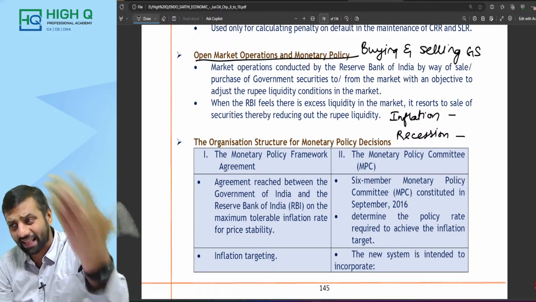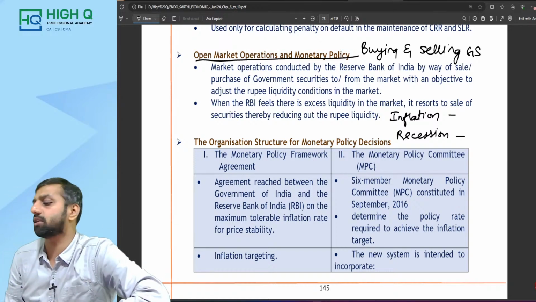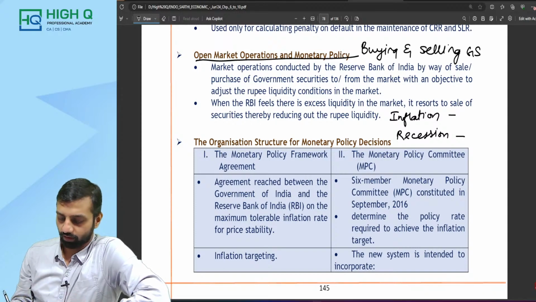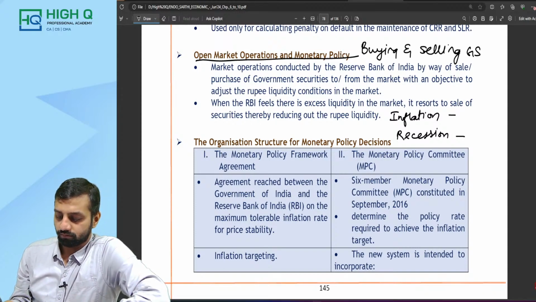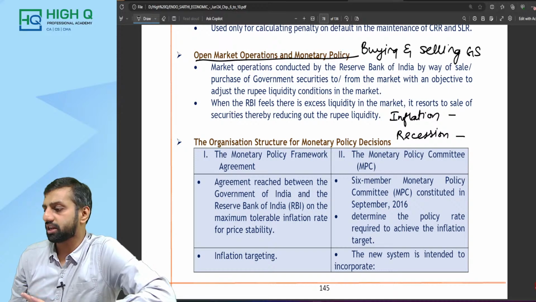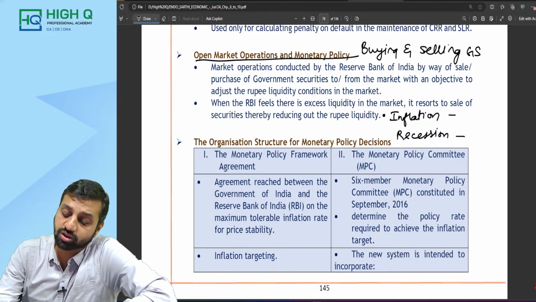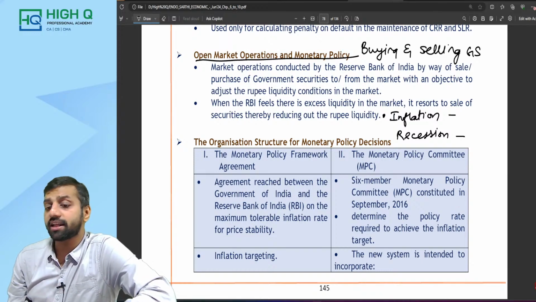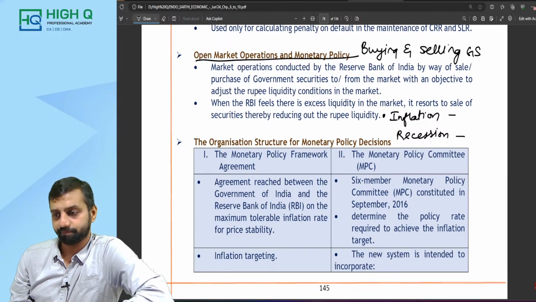Should RBI sell securities or purchase securities? Chalo, tell me in the chat box, everybody. Let us take the situation of inflation. What should RBI do? Buy securities ya sell securities?